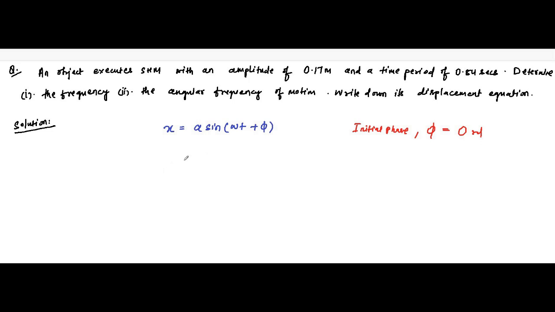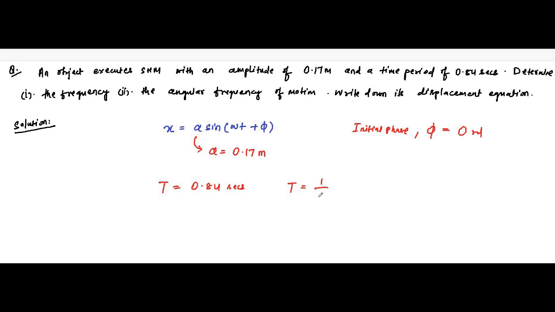That is very important. Then it has been given that the amplitude A is equal to 0.17 meters. Another information given is the time period T, which is equal to 0.84 seconds.